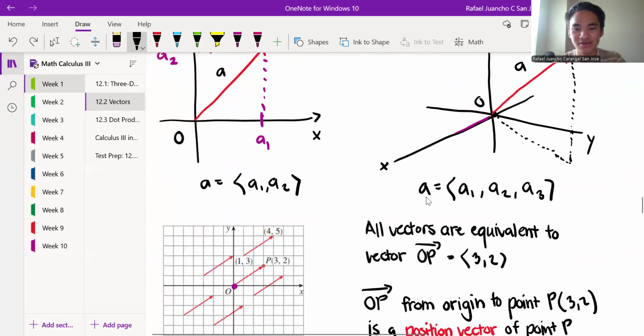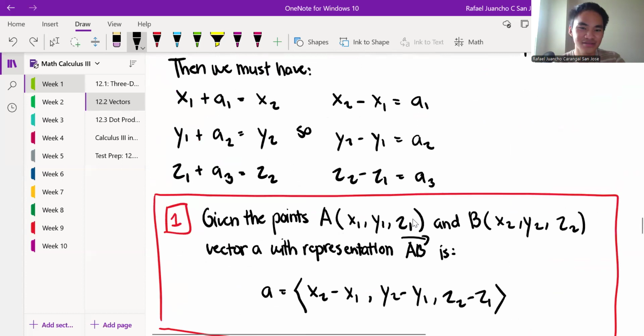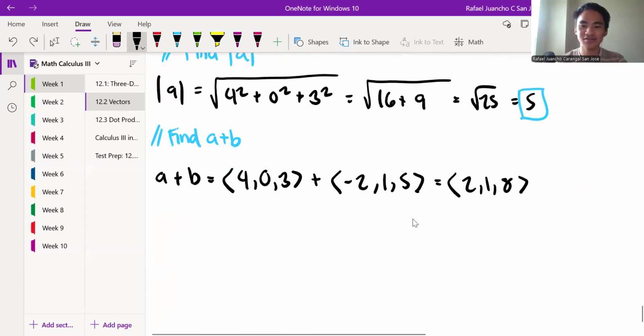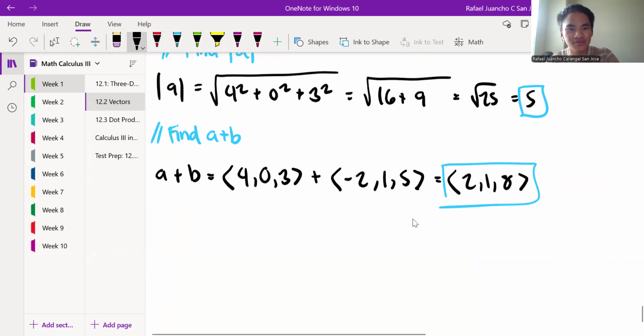So it's like, how do you represent this thing? Oh, we call them components. Okay. So it's the 3 components, or it's the components of the vector A plus B. So that's that.